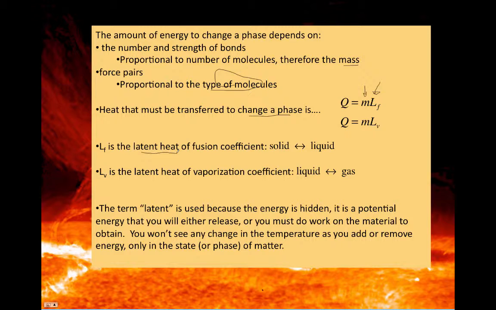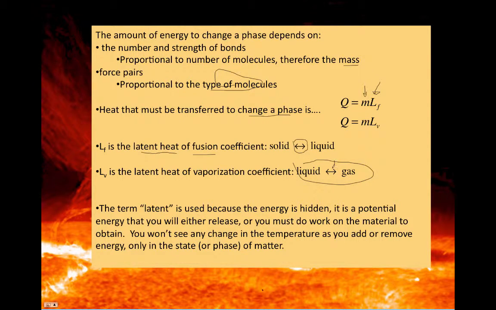We're adding work into the system using temperature and heat transfers, or Qs. So L sub F is the latent heat of fusion, F for fusion, and it's anything that involves going from a solid to a liquid phase or a liquid to a solid phase, hence the double-headed arrow. Either way, you use the latent heat of fusion. L sub V is the latent heat of vaporization, and again, it's anything going between a liquid and a gas.